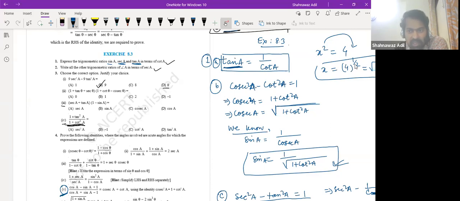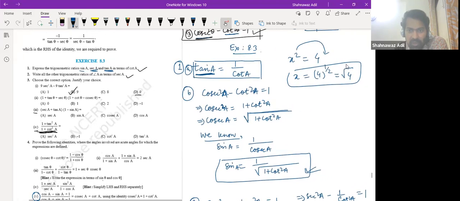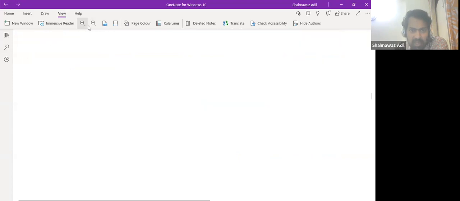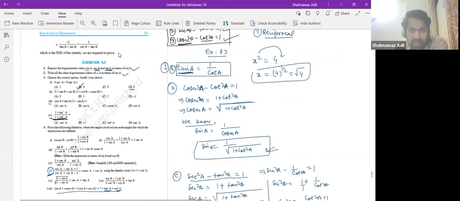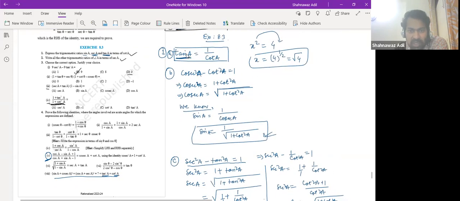Is that clear now? Okay, please note it down. The next question is a similar one, so the idea would be exactly the same. First we calculate the reciprocal, then we use the identity, and then we calculate the other ones. So please note it down.